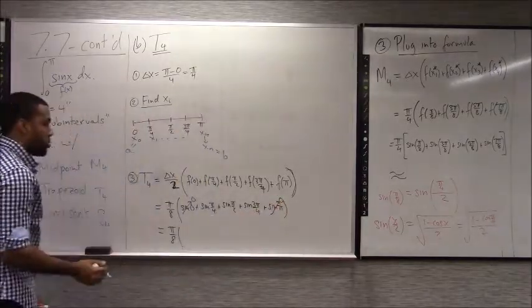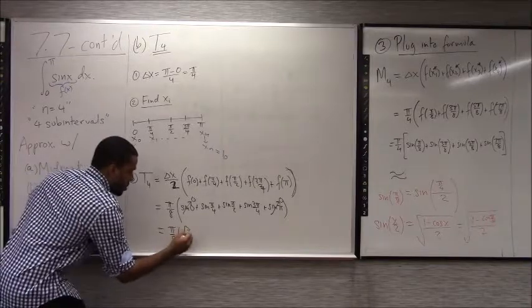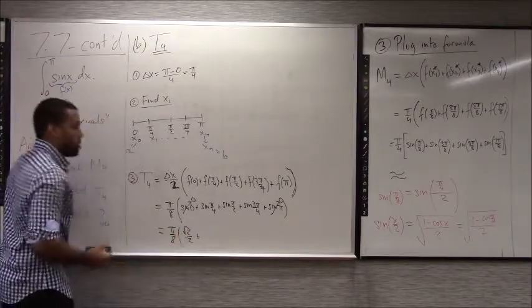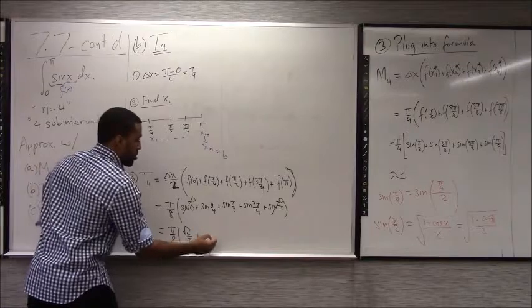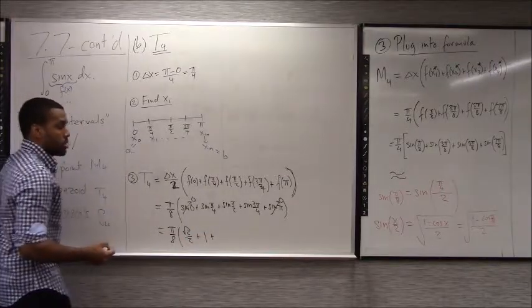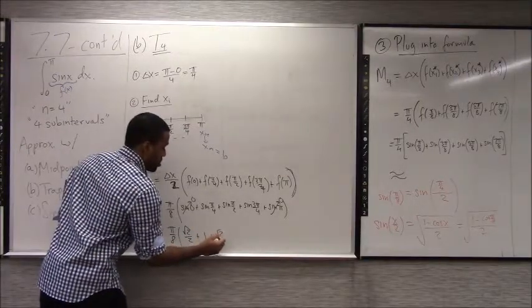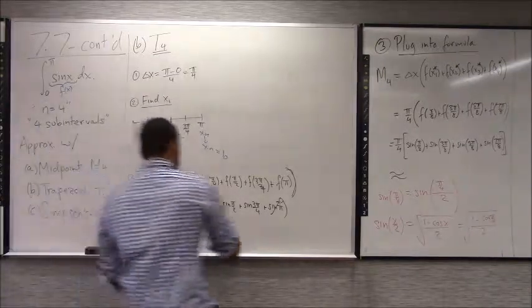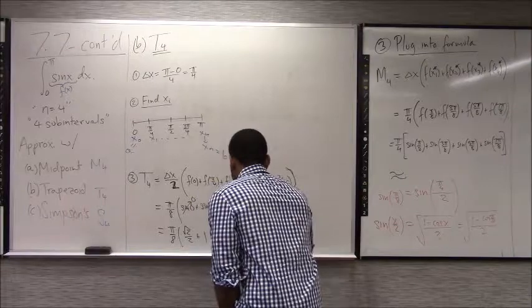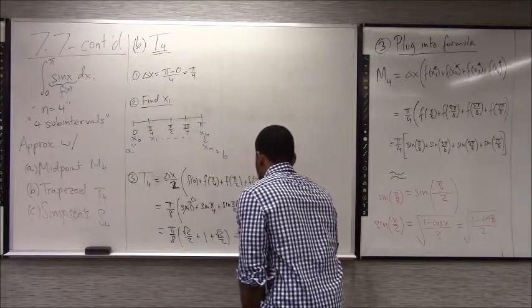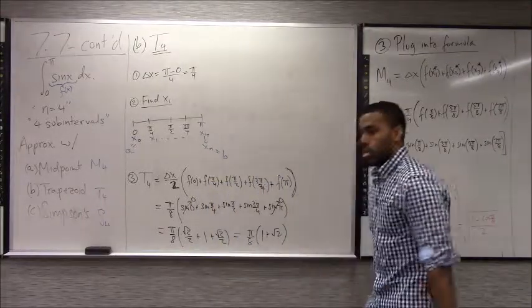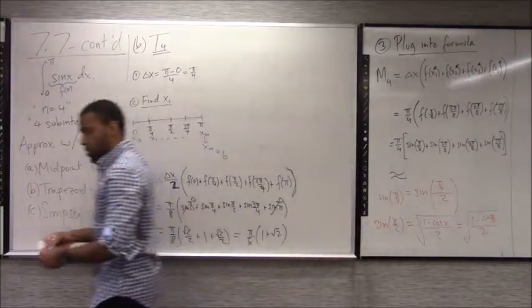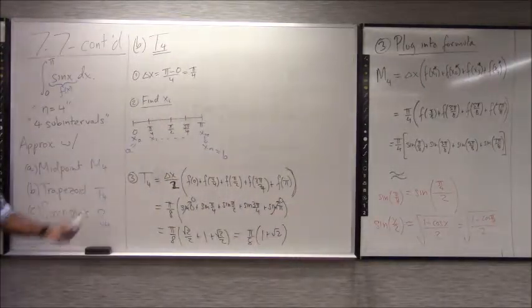What's sine of pi over 4? Radical 2 over 2. Sine of pi over 2? 1. Sine of 3 pi over 4? It's again radical 2 over 2. So I have 2 radical 2 over 2, which just gives you radical 2. So this is really just pi over 8 times 1 plus radical 2. And that will be my approximation for that integral, according to the trapezoid rule.